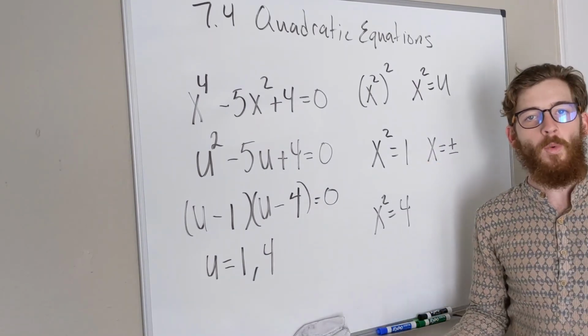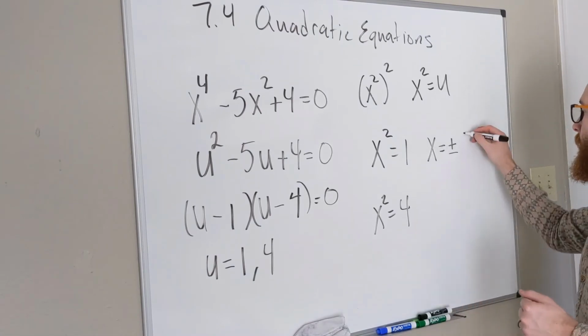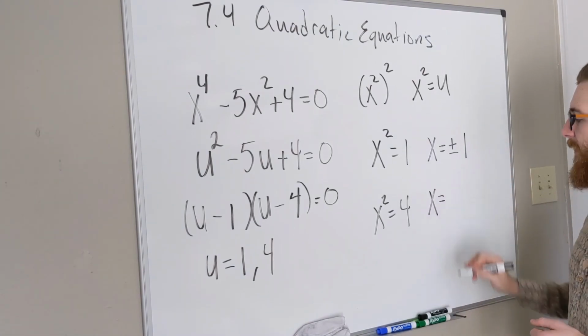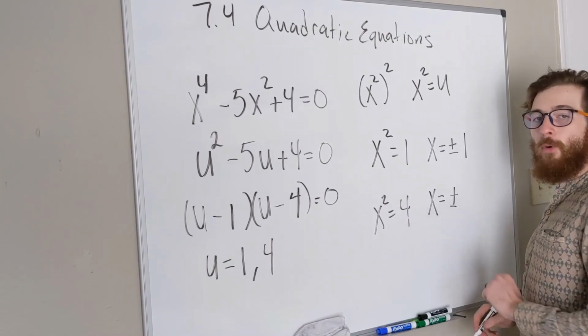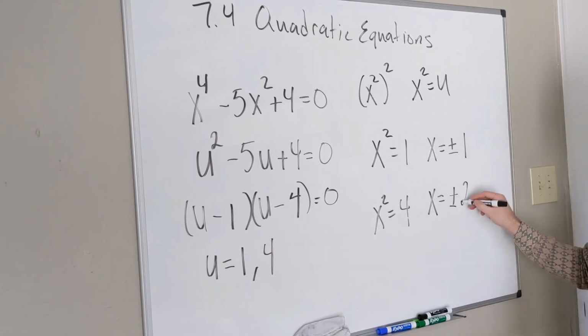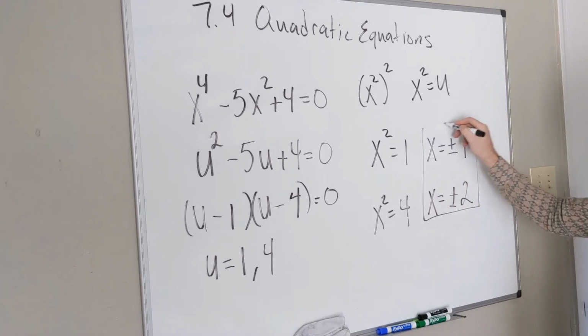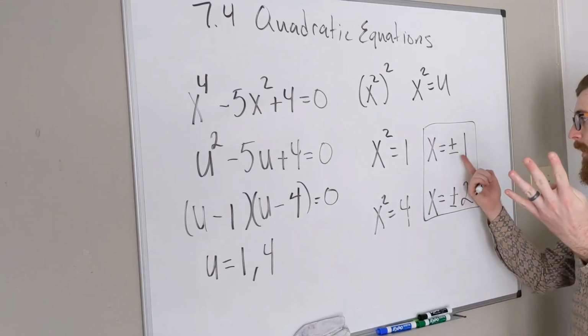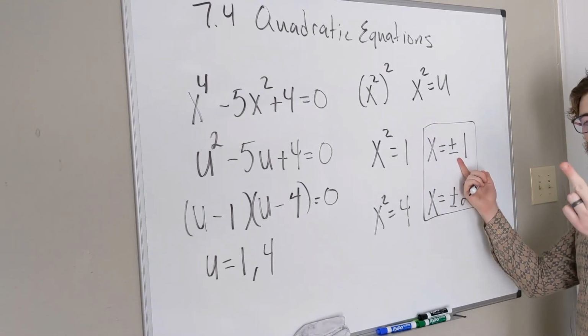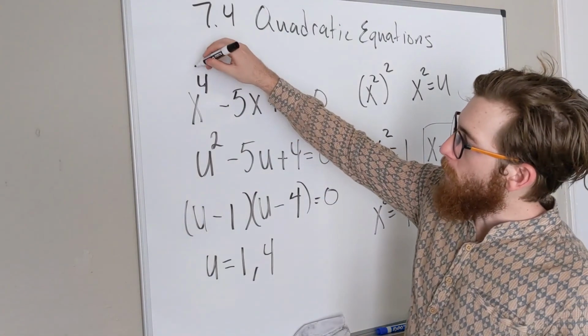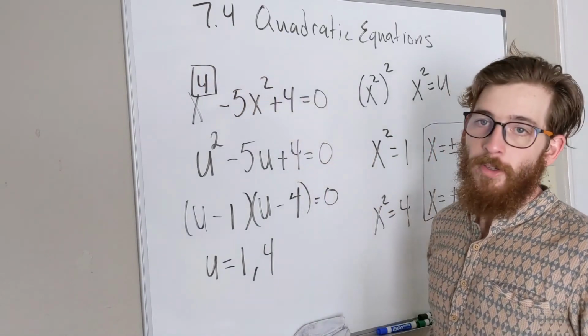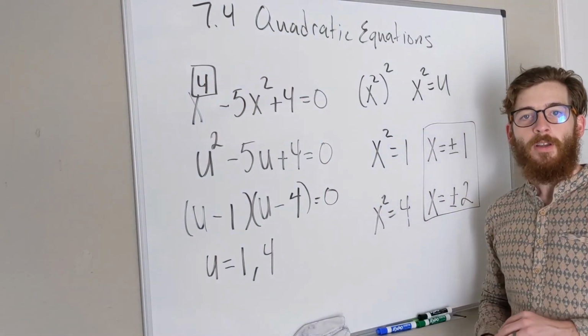But what's the square root of 1? Just 1. Down here we have x equals plus or minus the square root of 4. What's the square root of 4? 2. So we have 4 answers this time, positive and negative 1, positive and negative 2. And that makes sense because what was our power? 4, so we should expect 4 results.